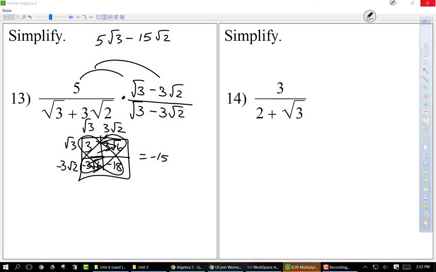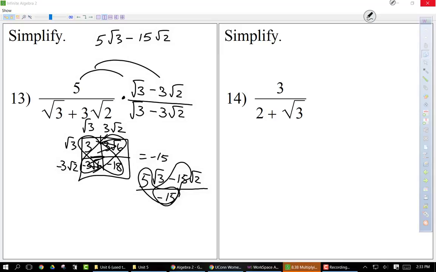So let's put this all together: 5 root 3 minus 15 root 2 over negative 15. Well, can I reduce them? Can I divide those by something? If you look, they're all divisible by negative 5.